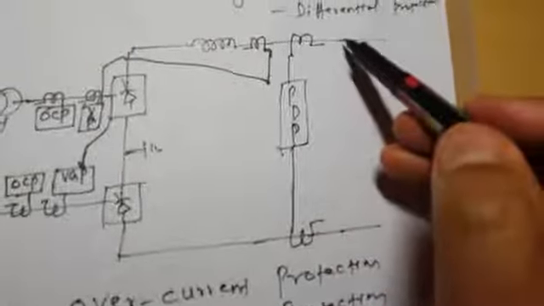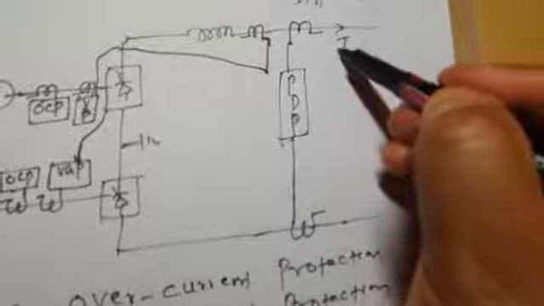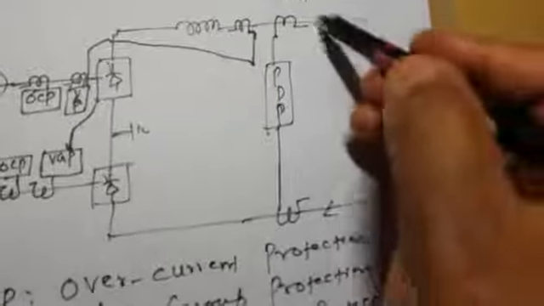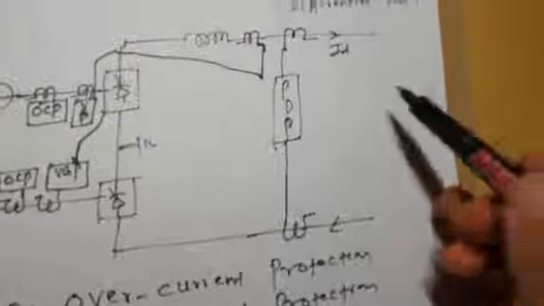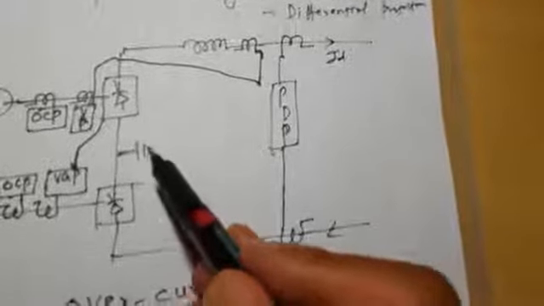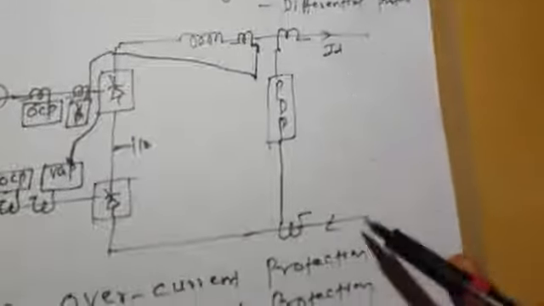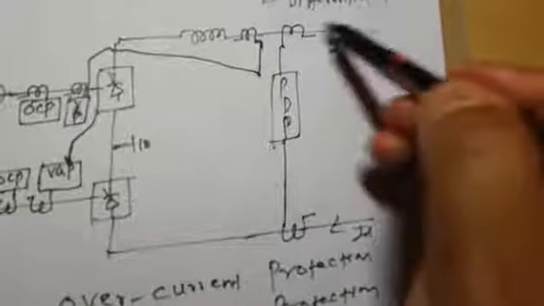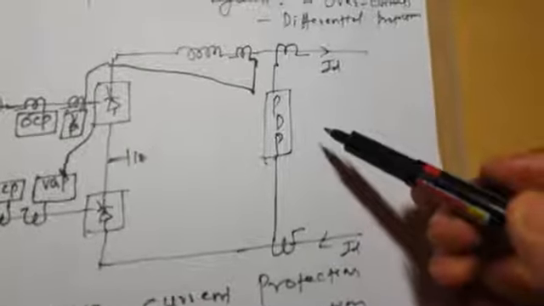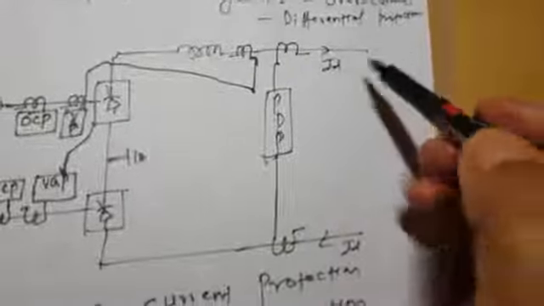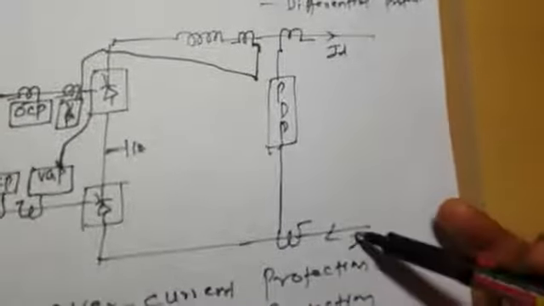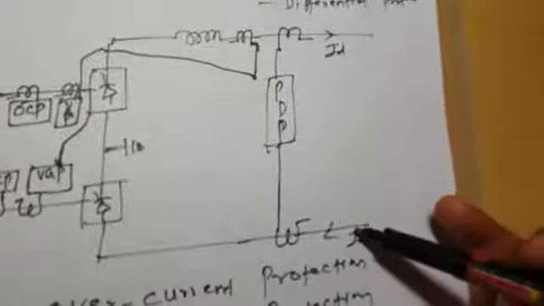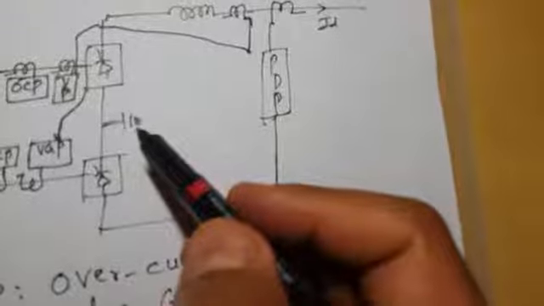Normally, this plus ID is the same as this ID. If there is no fault current, the ground current will be 0. The current in the two poles will be the same, and hence this pole differential protection will be non-operative. It will not operate. But as soon as, due to some fault in one of the two poles, say this pole develops some fault, there is a difference in the two currents, and that difference flows through the ground.